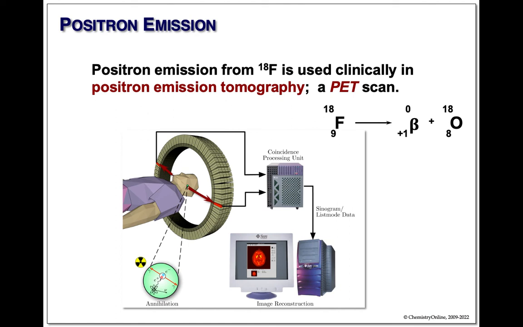So this is one, happens again, happens again. Your computer triangulates all these things, and it can tell you the exact point at which the labeled glucose is sitting in your body.